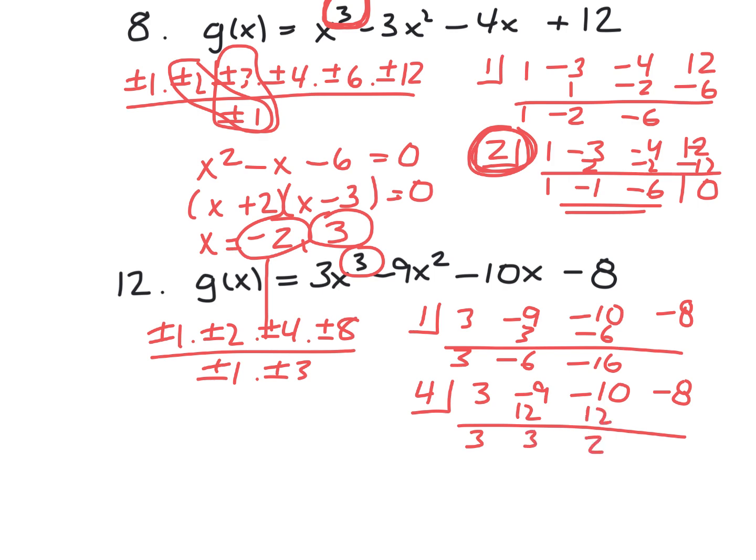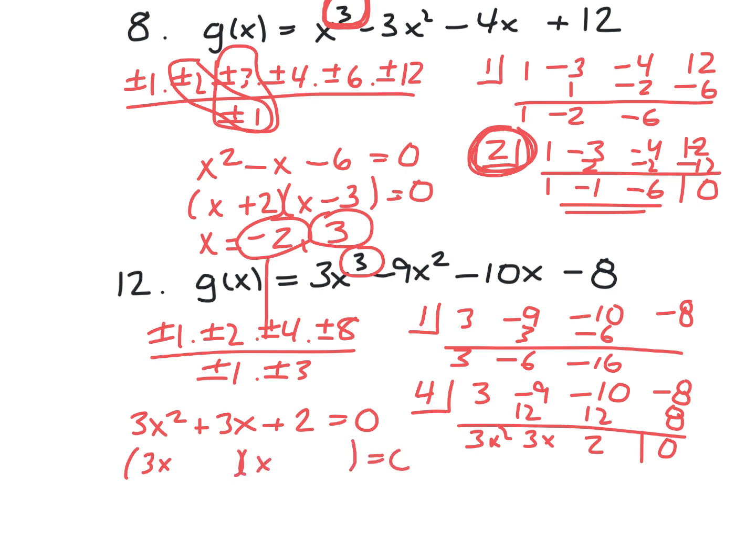And this is starting to look good. So perfect, you get a remainder of 0. You are left with 3x squared plus 3x plus 2. And then you could try and factor this. You'd have 3x and x.